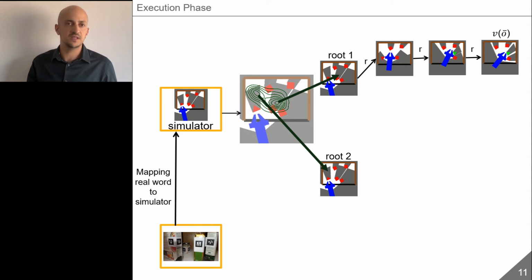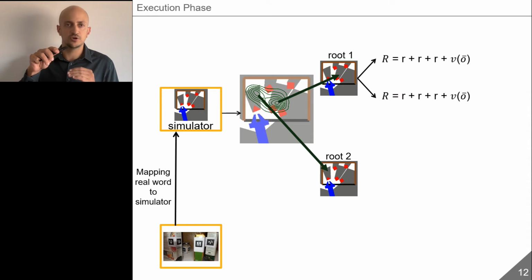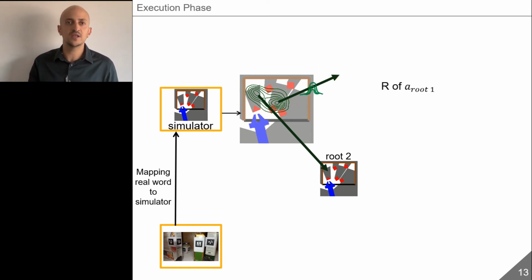This process is repeated a couple of times, so here you can see two stochastic rollouts, each 3 steps deep. And then we compare the return between those two stochastic rollouts. And we keep track of the first action of the rollout that yielded the highest return. Then, this highest return is scaled by the weight of its root state, where the weight of a root state corresponds to the height of its peak used earlier to place the desired object in the root state.